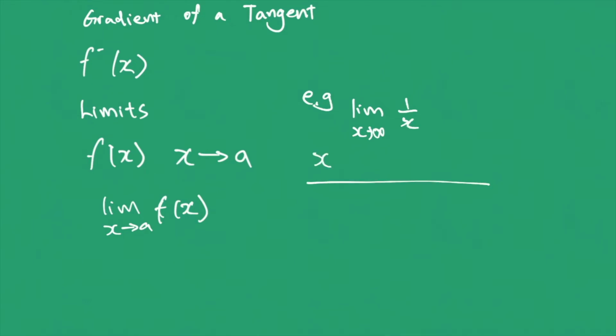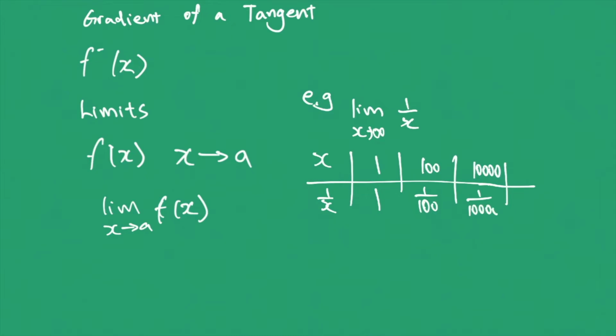So let's draw a table. If x equals 1, 1 over x equals 1. If x equals 100, it would be 1 over 100. If x equals 10,000, it would be 1 over 10,000.